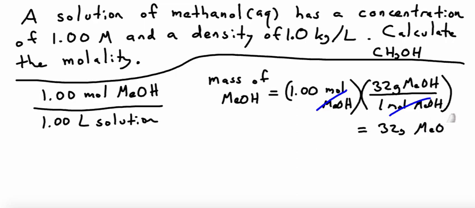So that's how much of the mass in that 1 liter of solution is taken up by methanol. But what's the total mass of solution? The mass of the solution as a whole, we can get from the density of the solution as a whole. So we've got 1 liter.